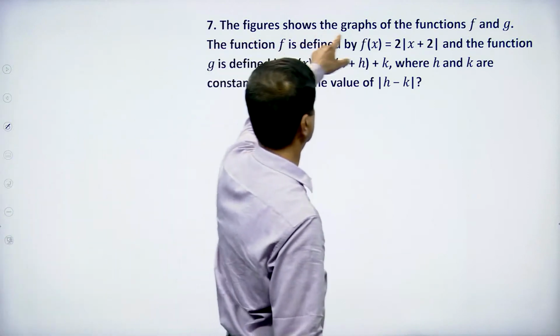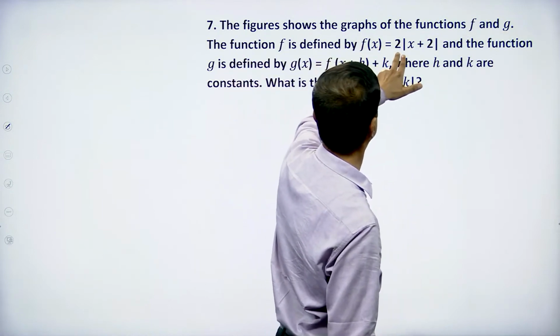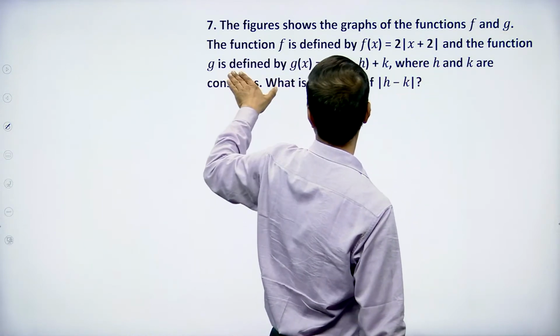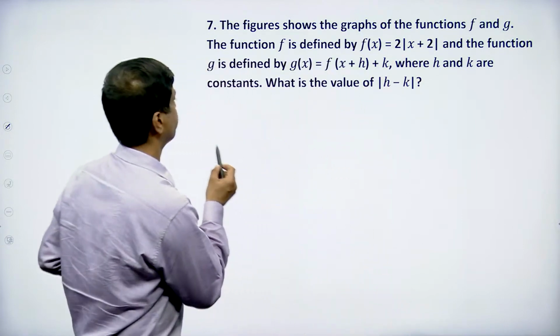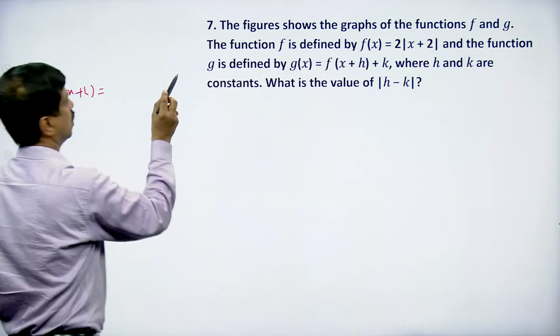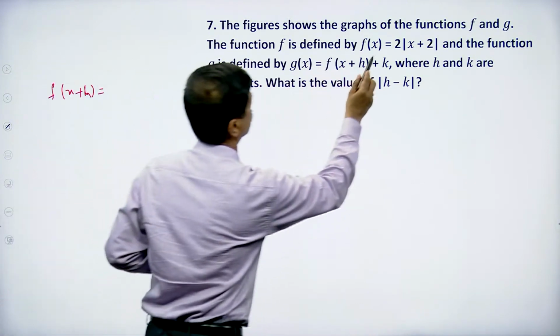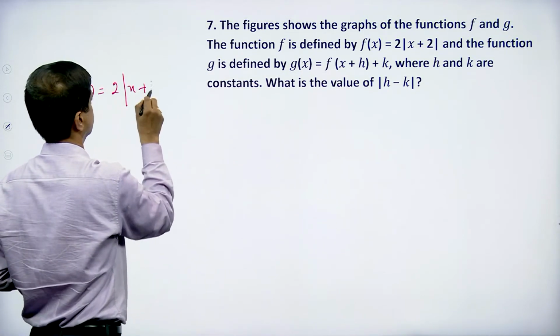The figure shows the graph of the function f and g. The function f is defined by 2 times mod of x plus 2 and the function g is defined by f of x plus h plus k. F of x plus h is what? So wherever x is there, here we should replace it by x plus h. So that is 2 mod of x plus h plus 2.